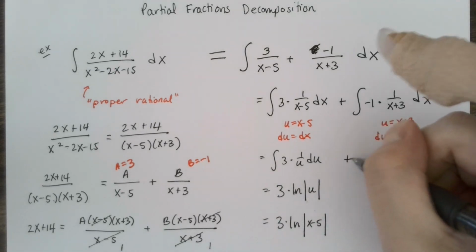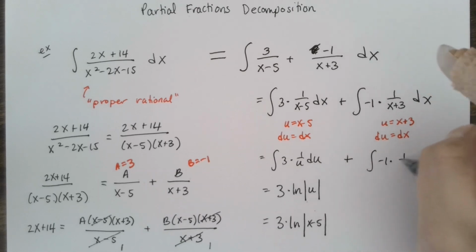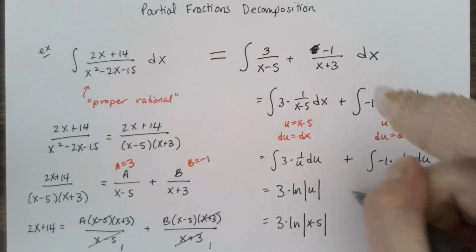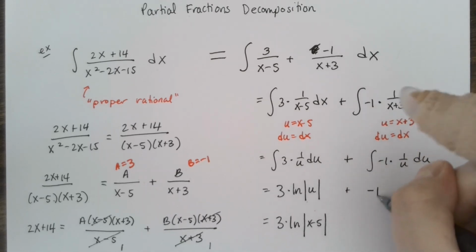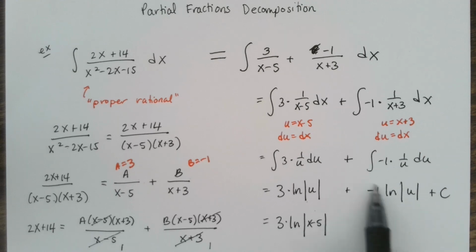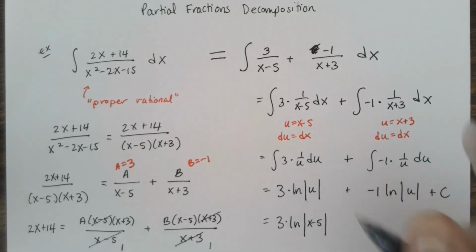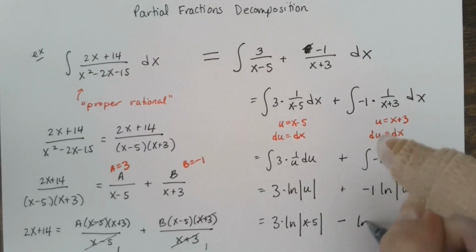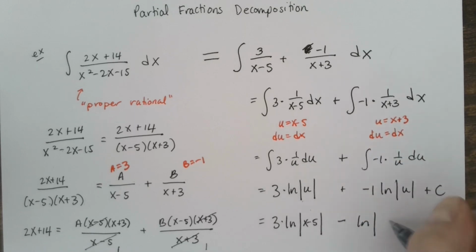So we'll have plus the integral of -1 times 1 over u du, which of course is -1 times the ln of the absolute value of u. We'll throw in our plus c finally, and then we'll go back. I'm going to plug in x plus 3 for u, and I'm also going to turn this just into subtraction, not because it's required, but just because it makes it look a little bit prettier. So we'll say minus the ln of the absolute value of x plus 3.